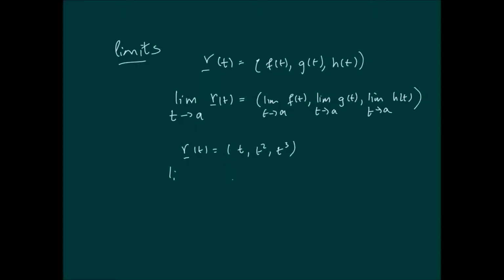If we calculate the limit as t goes to 2 of r(t), that is equal to the limit of each one of these as t goes to 2, and that would be 2, 4, and 8, which is the limit of this particular function.